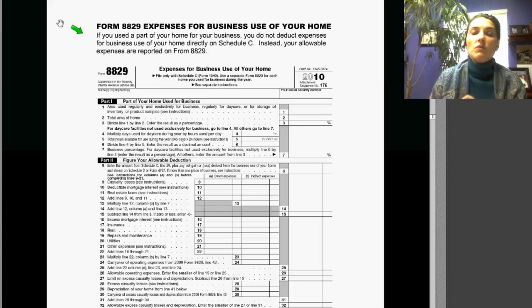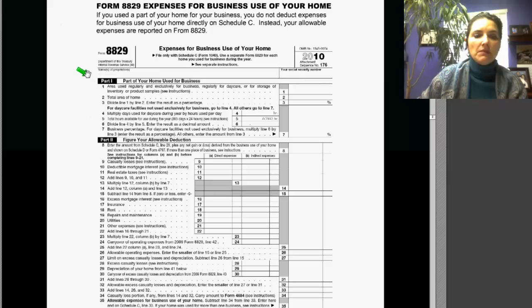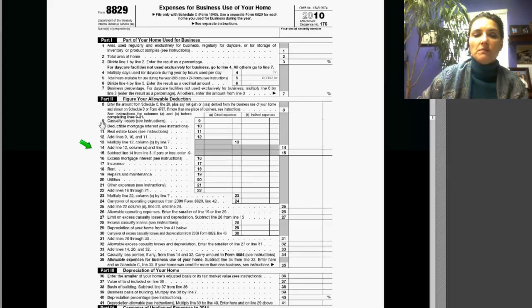And the reason is, if you are allowed to claim home office expenses or business use of your home expenses, you do so on this Form 8829. So this is Form 8829, and you can see that it's a multi-part form. We have Part 1 where you figure the business percentage use of your home. Then in Part 2, we enter the allowable expenses for business use of our home.